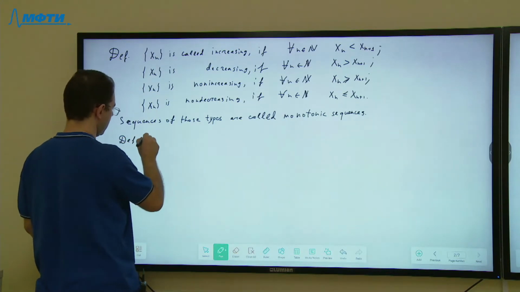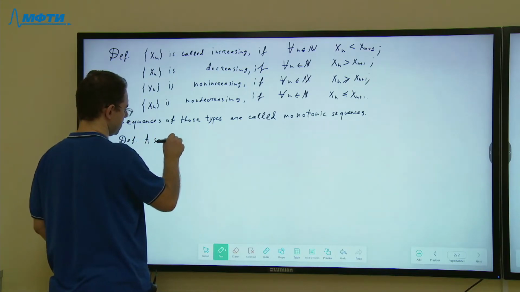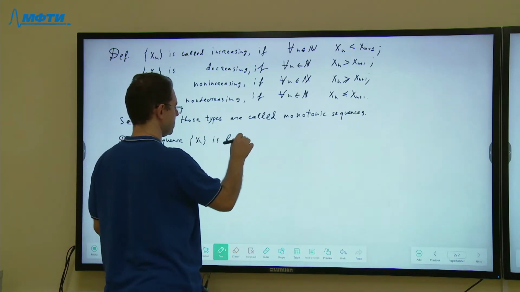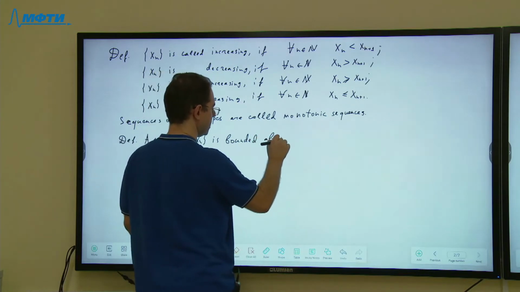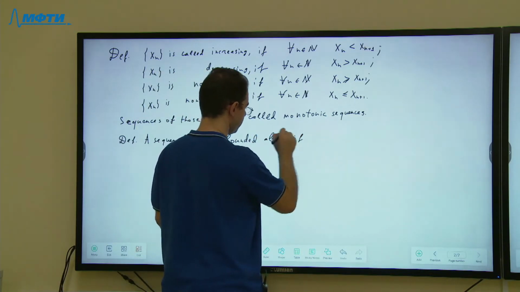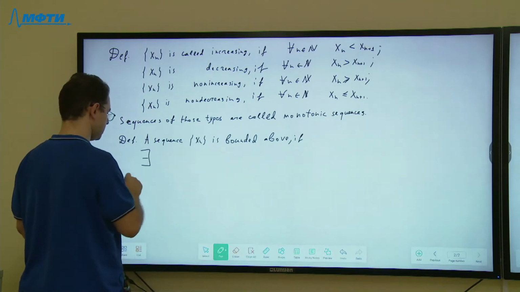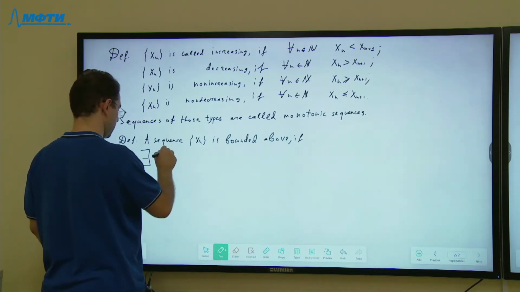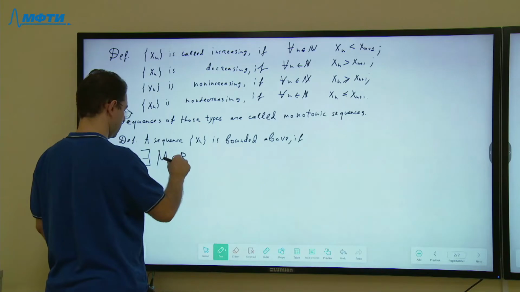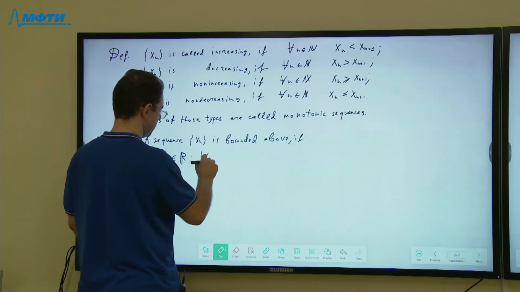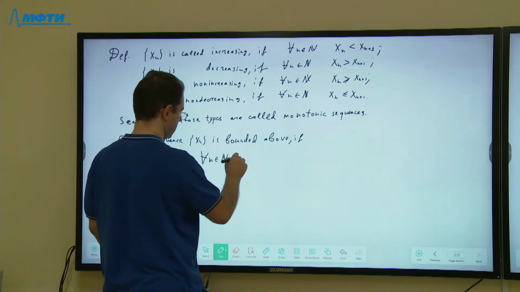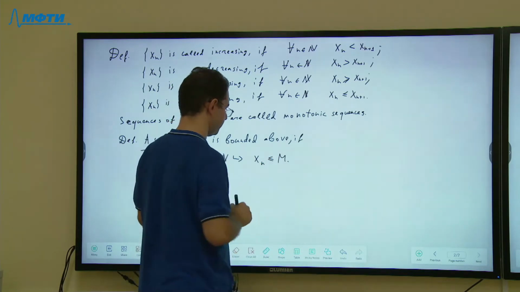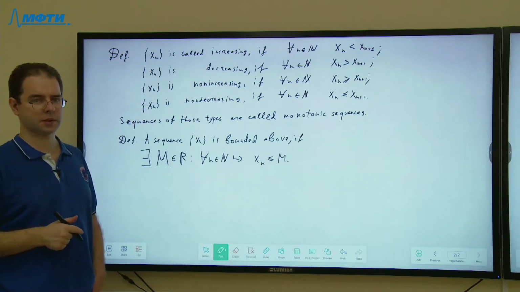Definition: a sequence Xn is bounded above if there exists a real number M such that for any n, Xn is less or equal than M. Bounded above sequence.